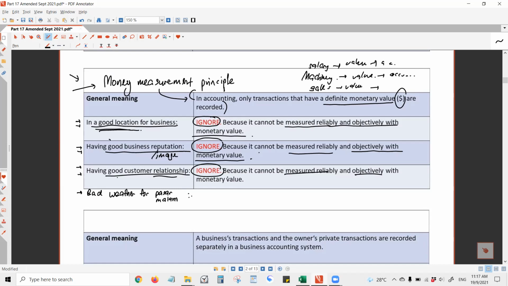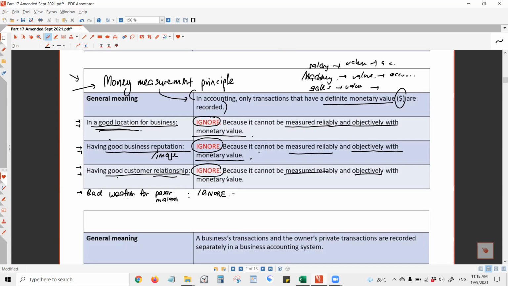Can you measure the bad effect of the bad weather? Can you measure with the dollar sign? Once again, you cannot measure the consequences of having bad weather. So once again, something like this, you ignore. Okay, later I will show you some exam questions, okay?